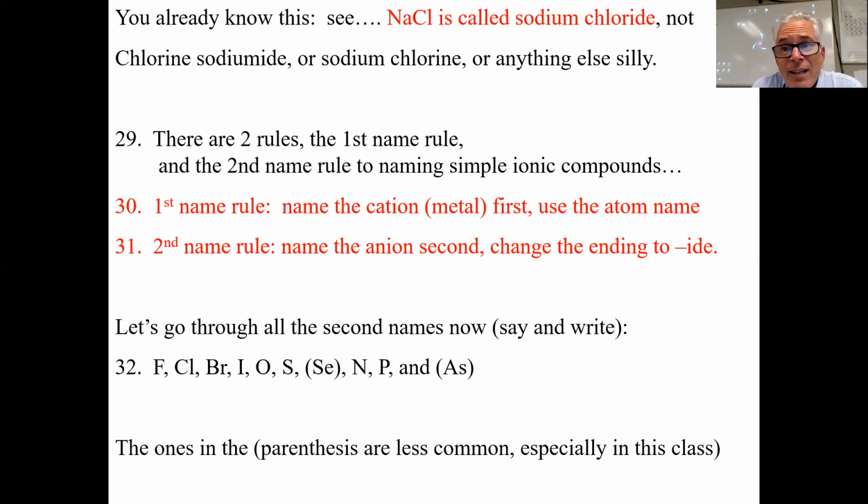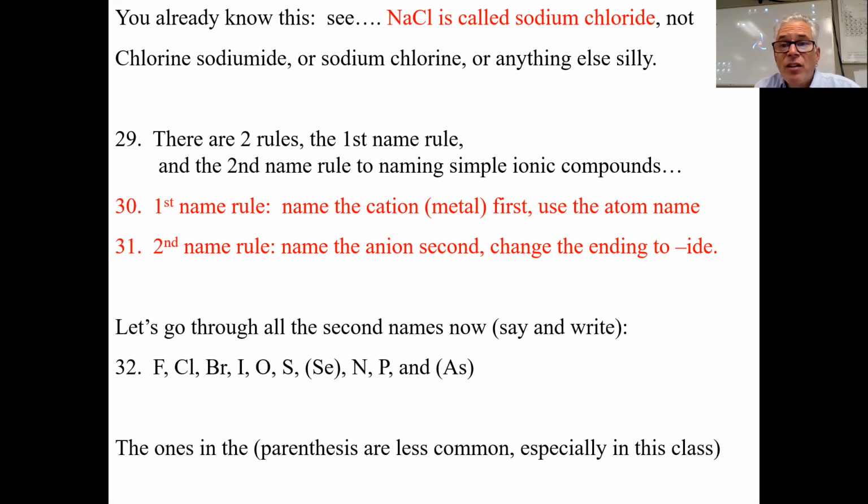Now, Se, that's an element that comes up sometimes, but not so much. It's a nonmetal, and selenium becomes selenide, but you're not going to see that too often. Nitrogen, N, becomes nitride. P for phosphorus, that's a funny one because it's pH. P for phosphorus becomes phosphide. And As is actually the element arsenic.